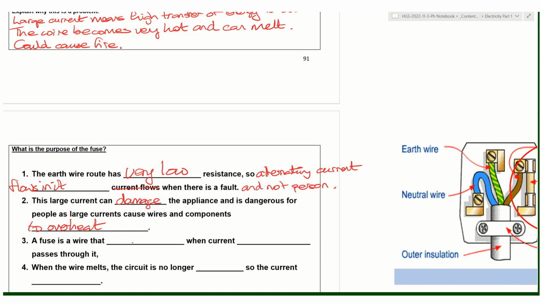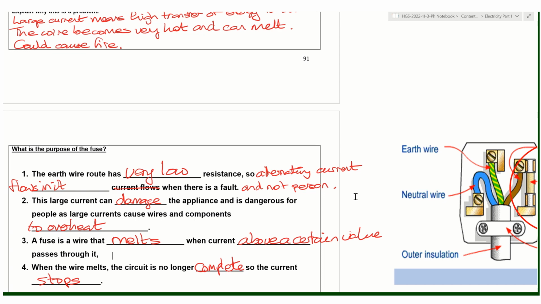It's got a small wire inside that melts when current above a certain value passes through it. So when this wire melts, the circuit is no longer complete. So live wire is no longer touching the metal casing of the appliance. So the current stops flowing and our device doesn't melt.